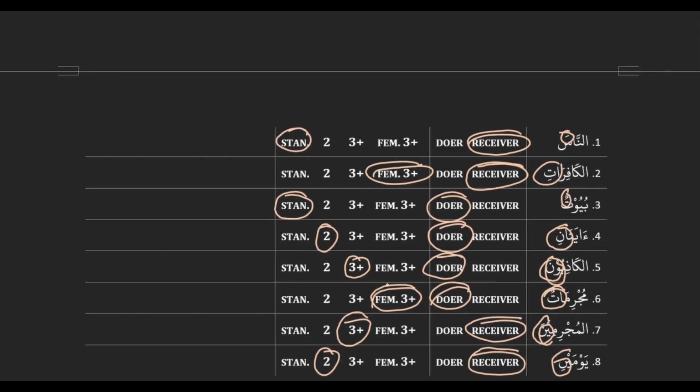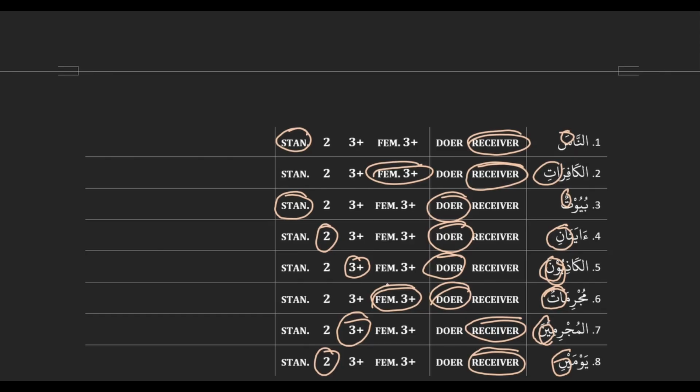It's just their standard label. Standard is number and gender neutral. Can be anything. And we know An-nas means people. Nas means people, so that's not singular, even though we have a standard label. So we're just going to translate it as people.